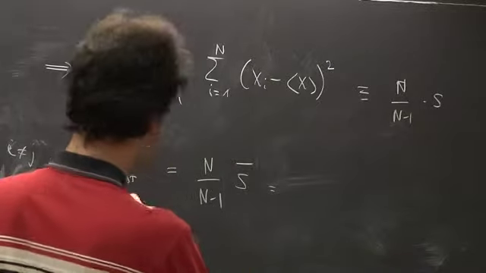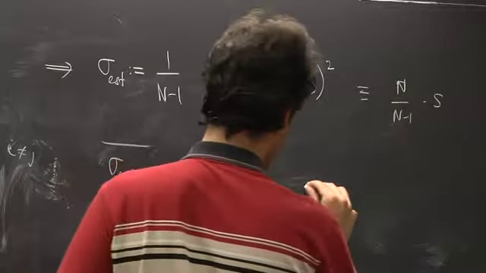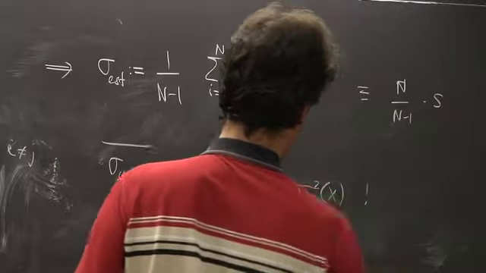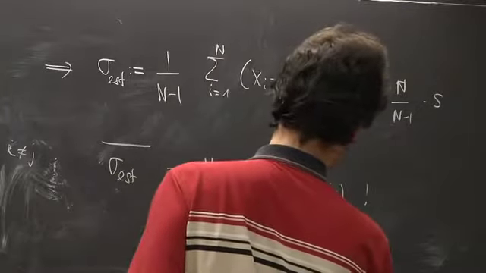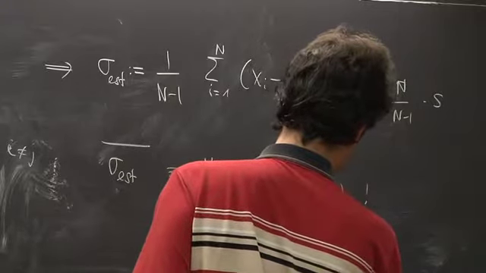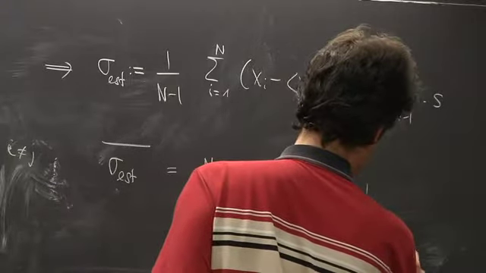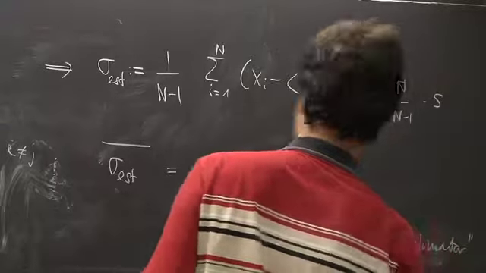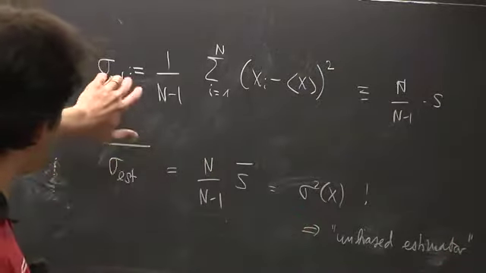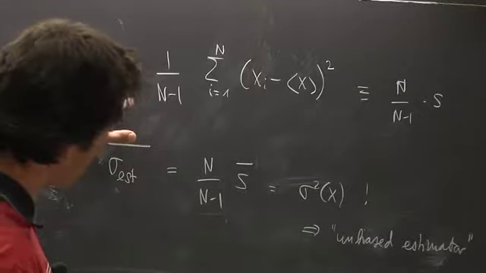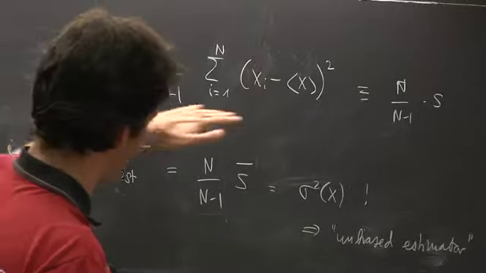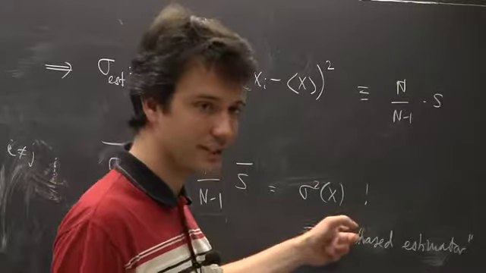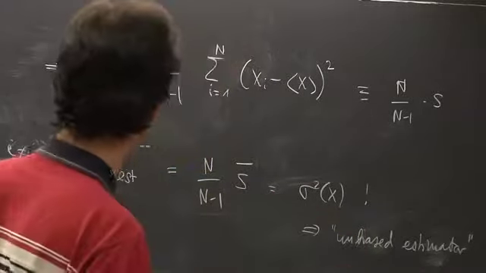So the expectation value of this estimator is the true variance. This is a so-called unbiased estimator. So this random variable is an estimator for something, and it's unbiased because its expectation value gives you the right thing that you want to compute.